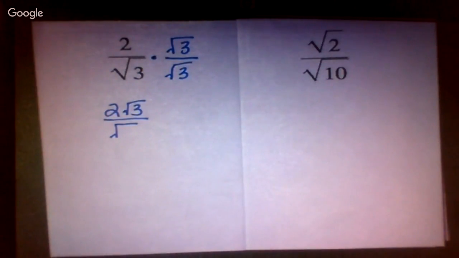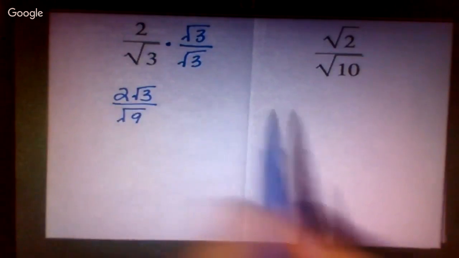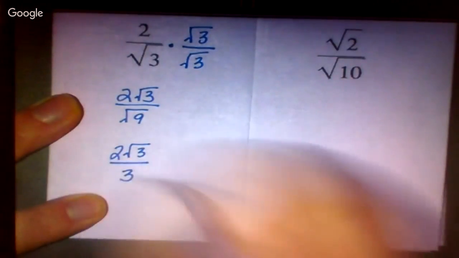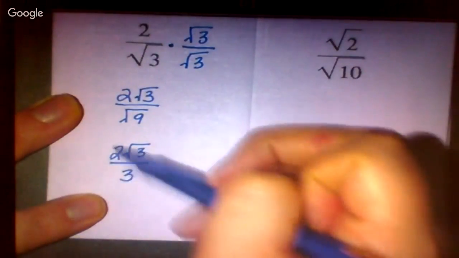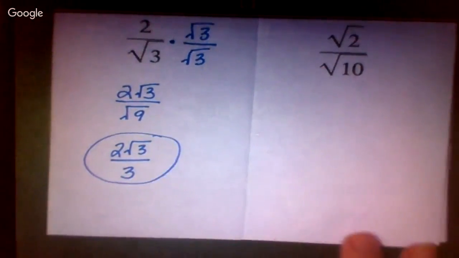What's 3 times 3? The last step is to simplify. So 2 square roots of 3 doesn't change. But what's the square root of 9? 3. Does 2/3 reduce at all? No. That's your answer.